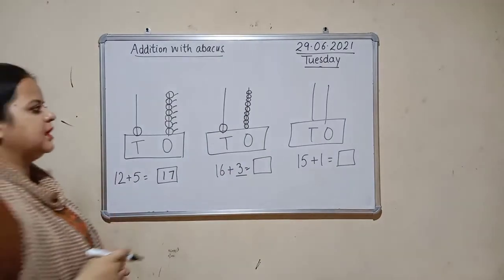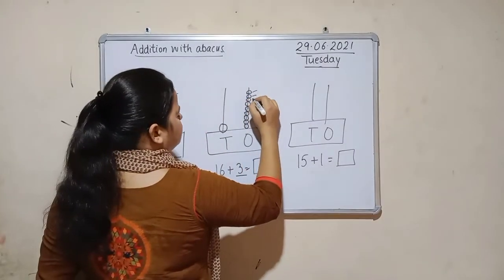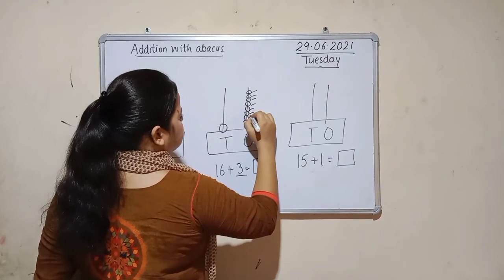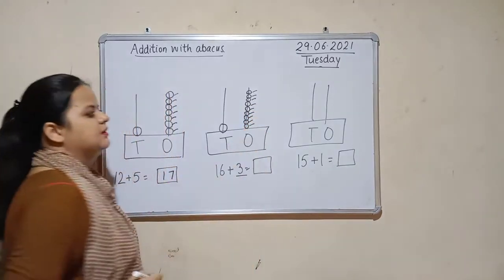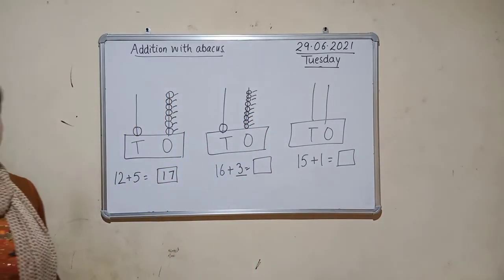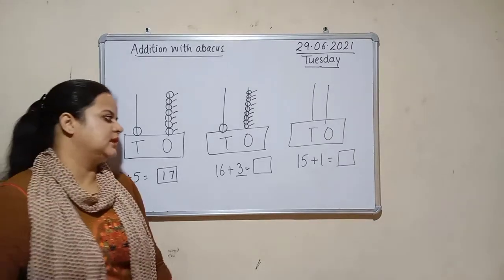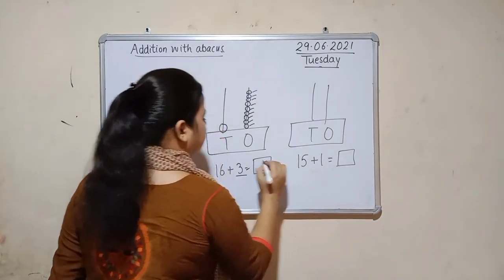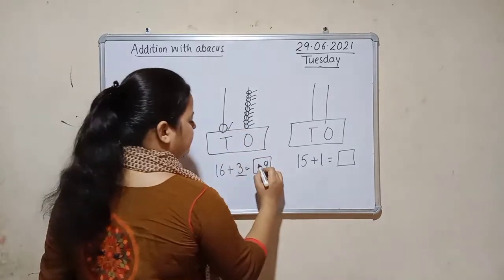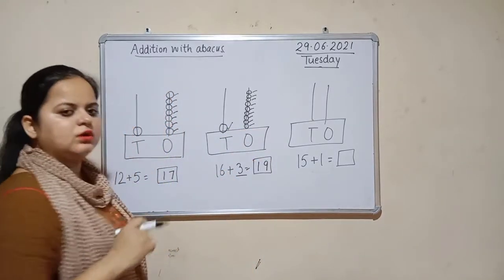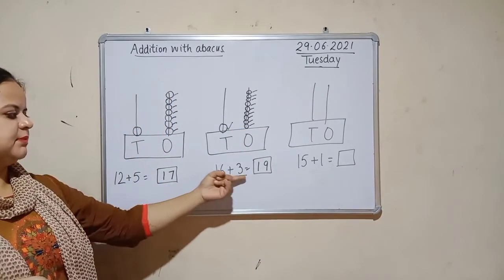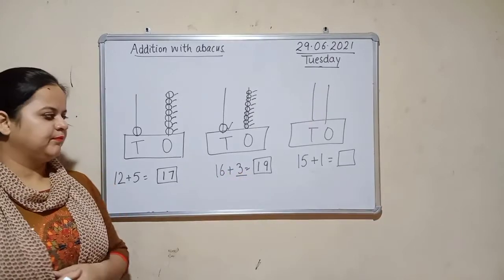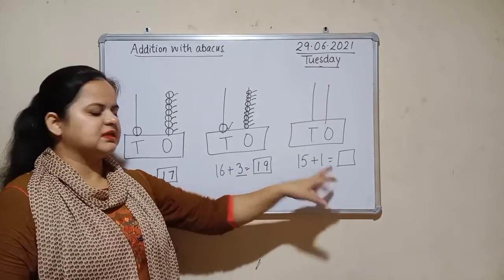Let's count them now. 1, 2, 3, 4, 5, 6, 7, 8, 9. How many ones do we have? 9. Yes, we will write 9 here and only 1 on this side on tens place. 16 plus 3, 19. Next is 15 plus 1.